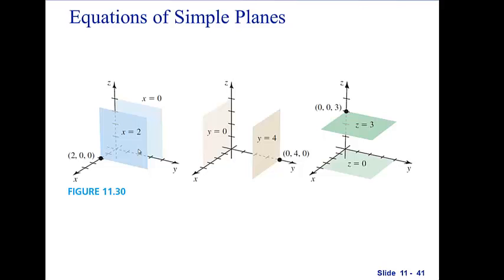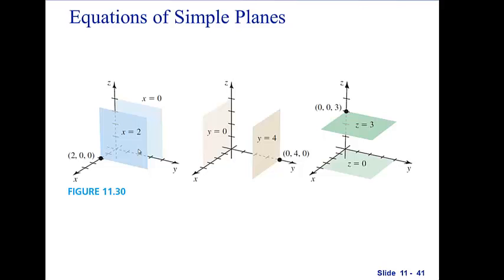Planes parallel to one of the coordinate planes are easy to describe. For example, the equation x equals 2 describes the set of all points whose x coordinate is 2 and whose y and z coordinates are arbitrary. So this plane is parallel to and 2 units from the yz plane.